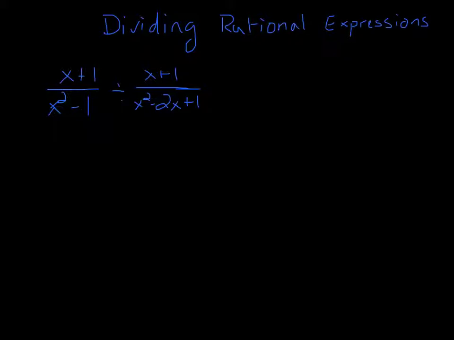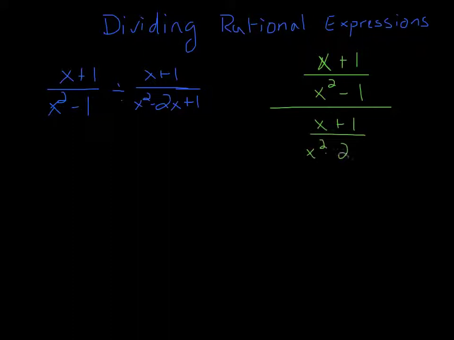Now, in this problem, I want to show you one more thing really quick, because sometimes they like to write these problems as a really scary looking thing, and I want you to be prepared for it. They like to write it like this. And yes, I know I'm throwing you off by adding green and not red. x plus 1 over x squared minus 1, and then they'll put the second part like this.